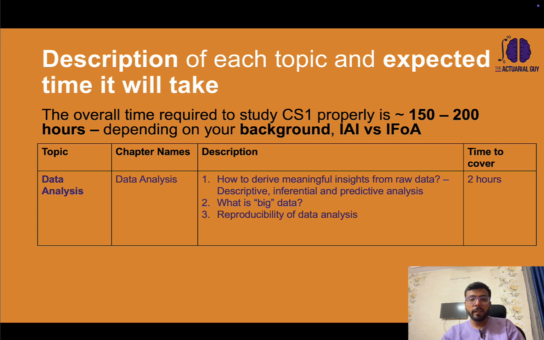And what reproducibility of data analysis means, which basically implies that if you have done a data analysis, someone should be able to replicate it again for it to be a good data analysis. Otherwise, there was some sort of bias in your data analysis, right? Very straightforward, simple theoretical unit, takes 2 hours to cover.